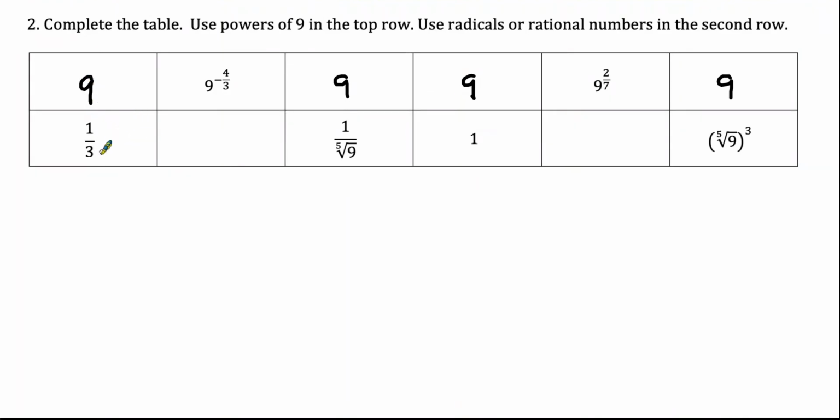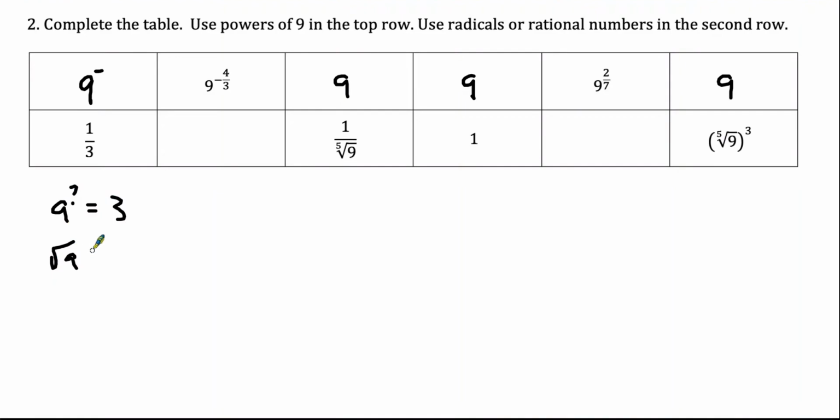Well, first of all, I see that my term is going to the denominator. That means that my exponent is going to be negative. Now, I basically have to figure out 9 to what power equals 3. All right, well, the square root of 9 would be the same thing as 3.